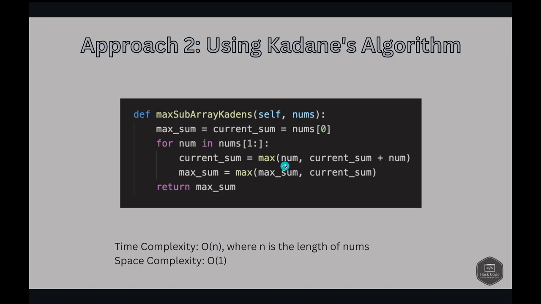We filter that out here, and then the max sum is equal to the max of max sum and current sum. At the end, we return the max sum. The time complexity is O of n, where n is the length of nums, and the space complexity is O of 1.